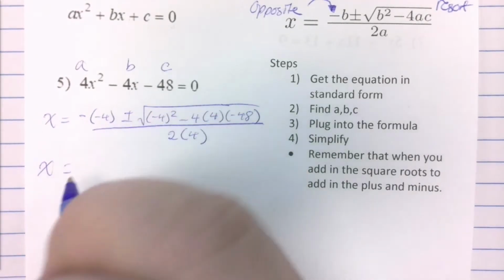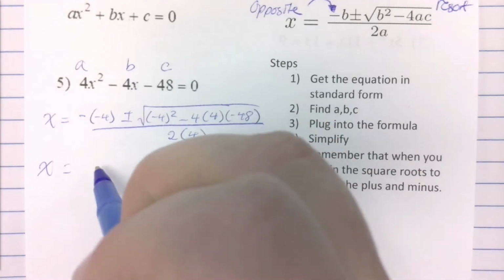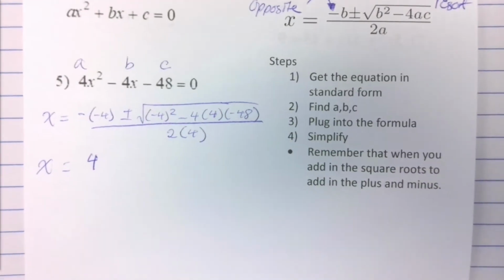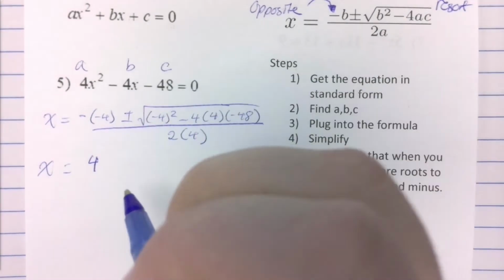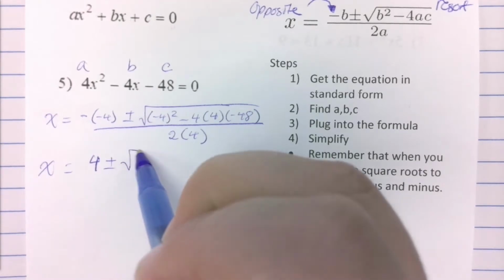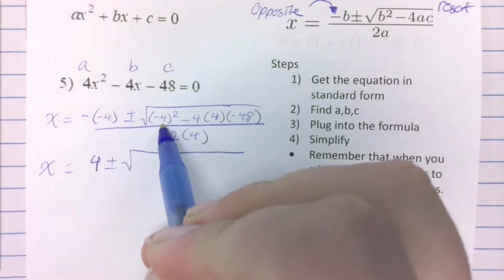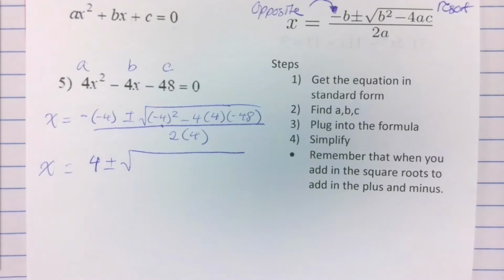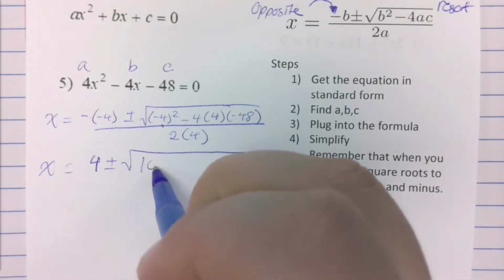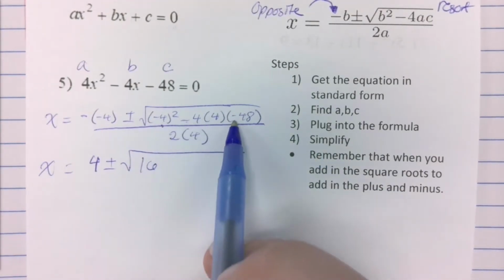What's a negative negative? So 4 plus or minus, what's 4 squared? Nope. 16. What's a negative times a negative?